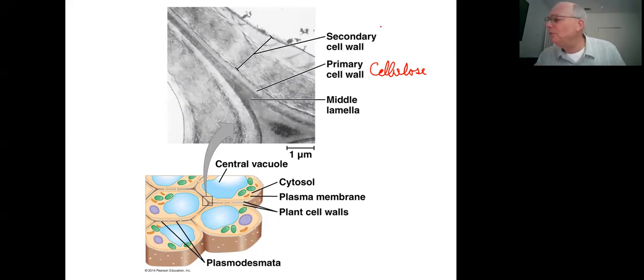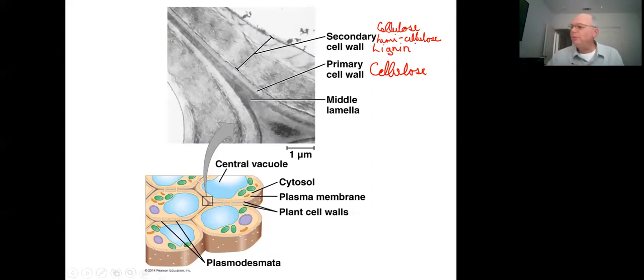Then the secondary cell wall is made up of cellulose, hemicellulose, did that get in? I'm not sure. Yeah, so I can write underneath it. That's interesting. And a third substance called lignin.